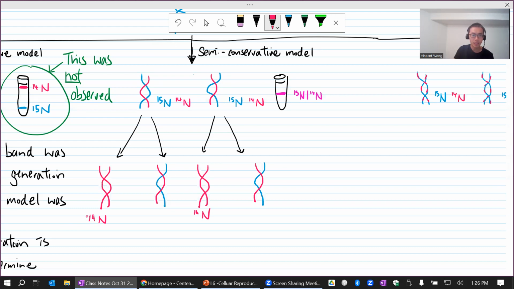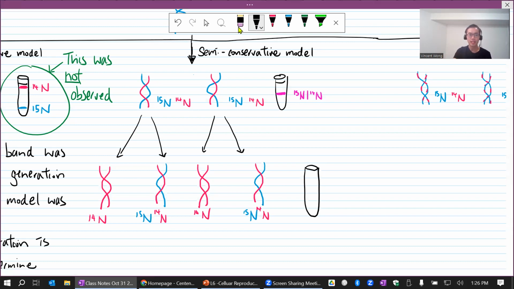And over here we have both. So when they collected all the DNA and separated it on a column, how many bands do they see?